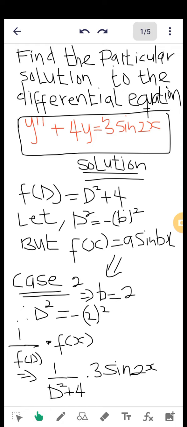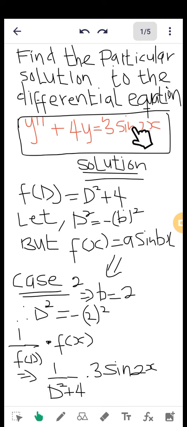And remember, this is case 2, because from our previous lessons we already solved case 1, where f of x is in the form e exponent something, let's say e^2x or e^3x, or exponential functions.